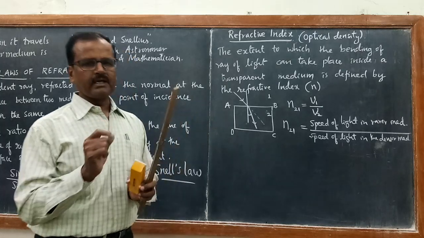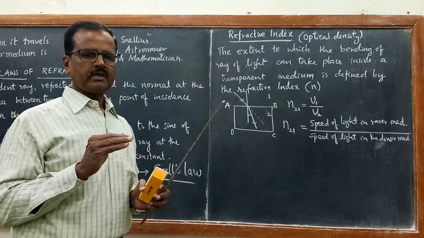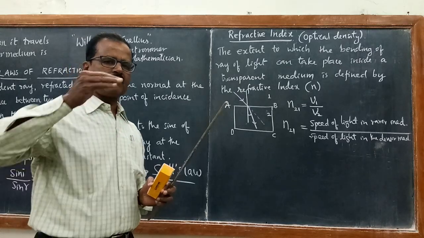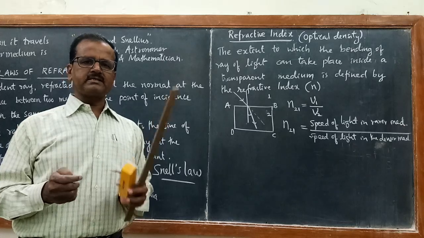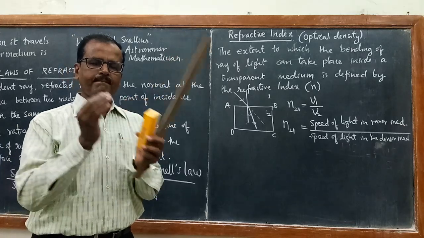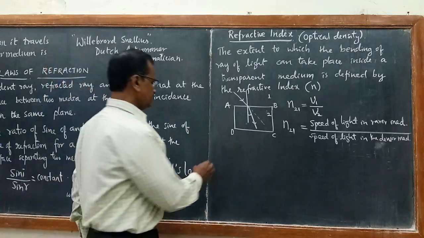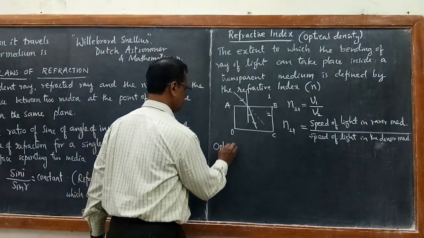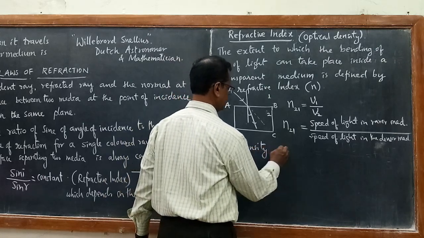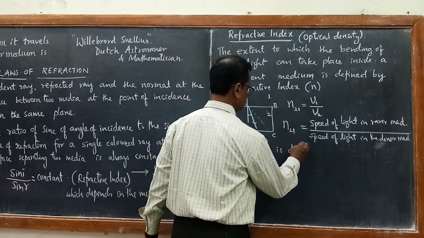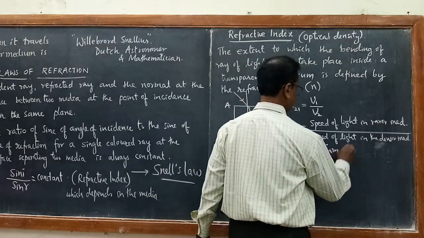So optical density is related to light: how the light feels when it enters from one medium into another medium. Mass density is the mass of the matter per unit volume. So optical density is different from mass density.